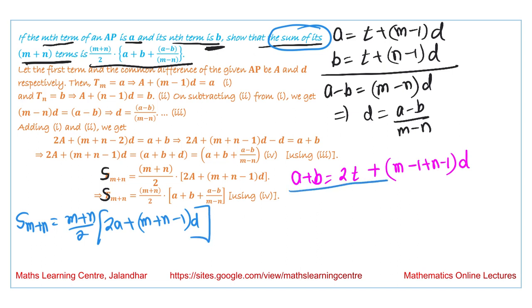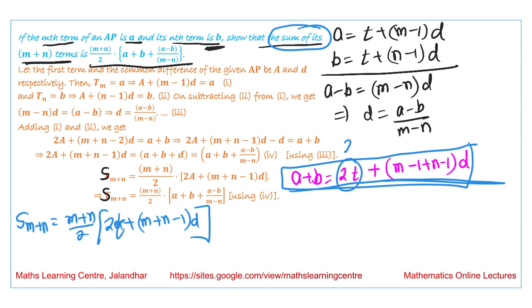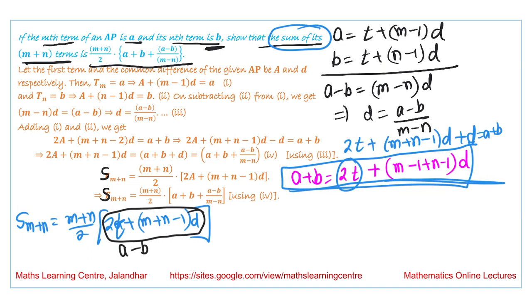Now look at this equation over here, we are talking about this part of the equation. What we have is 2t + (m + n − 1)d, plus d, is equal to a + b. It means that in place of this term 2t + (m + n − 1)d, we can substitute the value a + b − d.